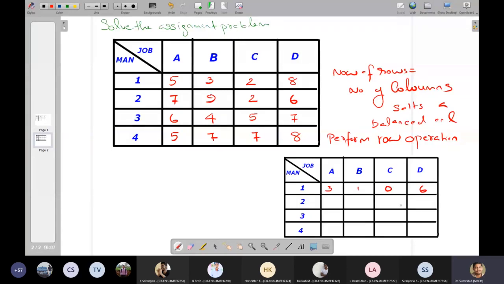Again 2 is the lowest in the next row, so that will be 5, 7, 0 and 4. Next one, 4 is the lowest, so that will be 2, 0, 1, 3. Next one, 5 is the lowest, so that will be 0, 2, 2, 3. What will be the next step?